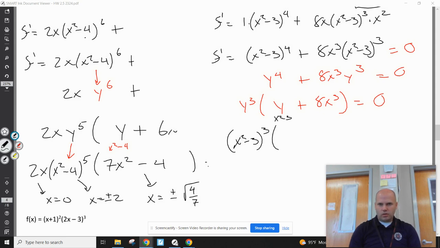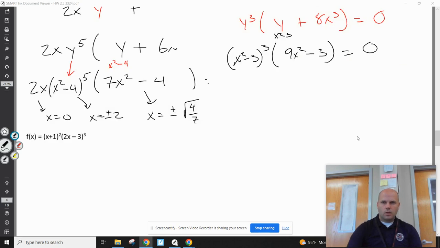X squared minus 3 plus 8x squared is 9x squared minus 3. I'm going to skip this one. This is enough. I get x equals plus or minus root 3 from this one. And I get x equals plus or minus 3/9, which is 1/3 rooted.